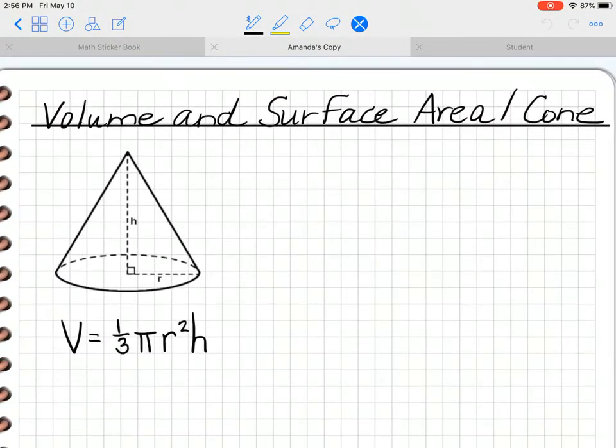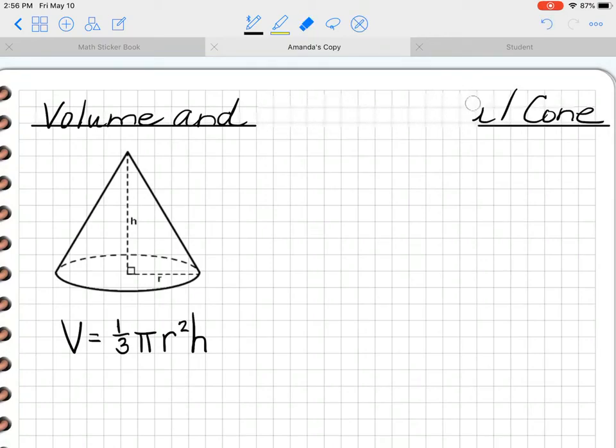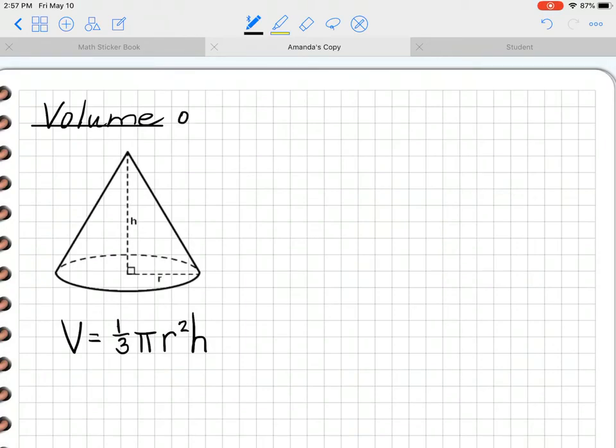Here is the volume of a cone, and this says volume and surface area. I don't want to do surface area. I just want to do volume of a cone. And this is like an ice cream cone or a party hat.